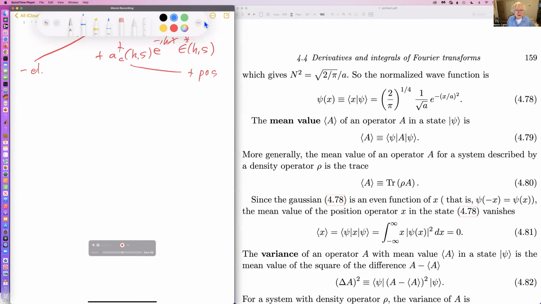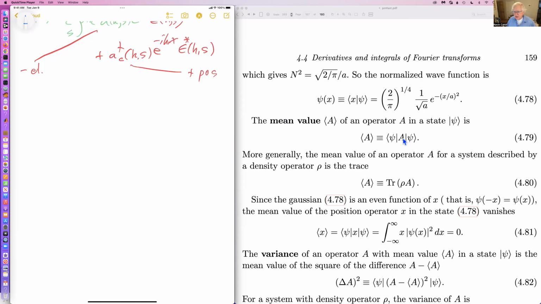The mean value or average value of an operator in a state psi. Dirac's term is average value. I think that's better than mean value. I used mean value. I got mean value from Gell-Mann, who remarked that the term expectation value is an abuse of English, and it was introduced by a German physicist whose familiarity with English was modest.